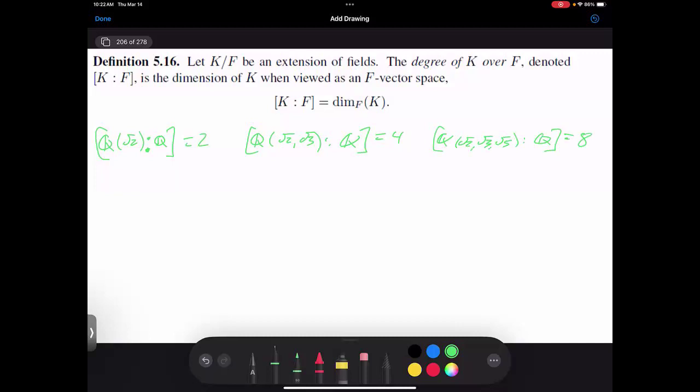And then trying to figure out what are the basis elements. Here it would be 1, root 2. Here it would be 1, root 2, root 3, root 6. Here it was 1, root 2, root 3, root 6, root 10, root 15, root 30, if I didn't miss anything. I think I did miss something.